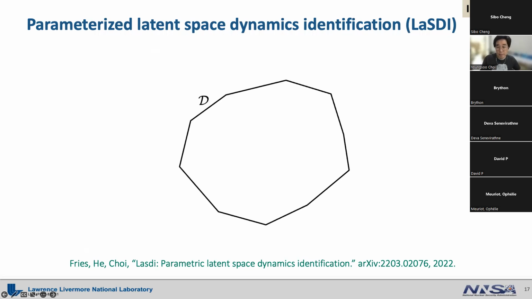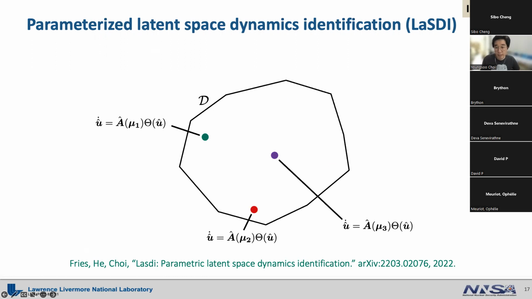Here is a parameter space D. For each training parameter point, for example parameter point mu1, we can build a tailored ODE that best describes the latent space dynamics at that point. Note that coefficient matrix A hat depends explicitly on mu sub 1. You can do the same thing for mu2, mu3, mu4, mu5 and so on.